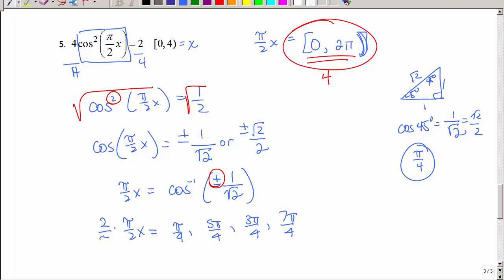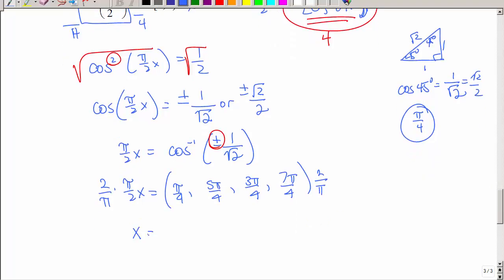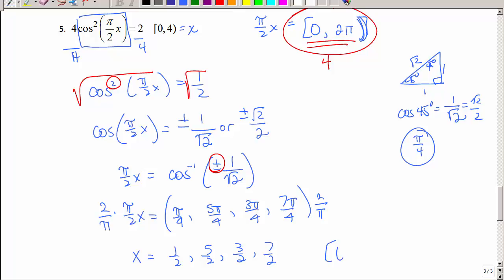Then I'm going to multiply everything by 2 over pi. And so I get x is equal to 1/2, 5/2, 3/2, and 7/2. And if you go back and look at your original interval, all of those answers are between 0 and 4.